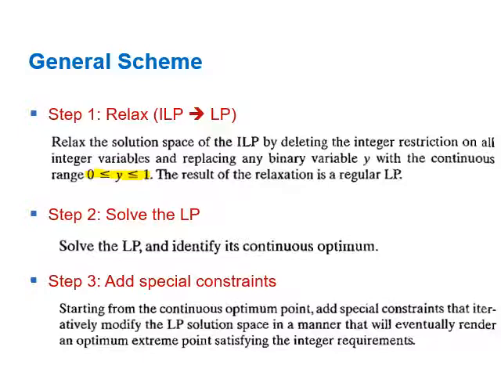This decision depends on the solution of the LP relaxation. The LP relaxation gives us information about the infeasibility, about the optimality, and about the bound of the integer program. And depending on that, if we decide to continue with that branch, then we will add some special constraints and we will continue with that.